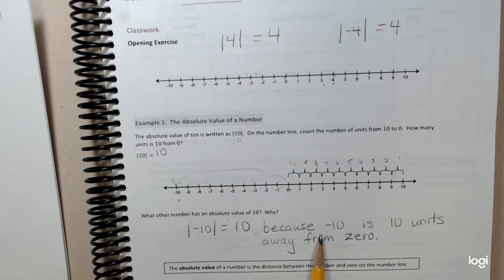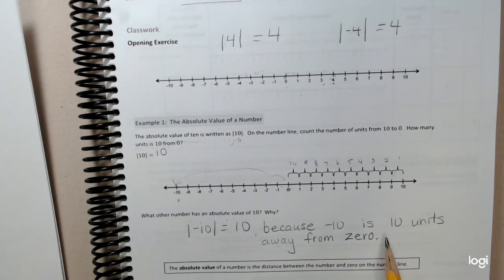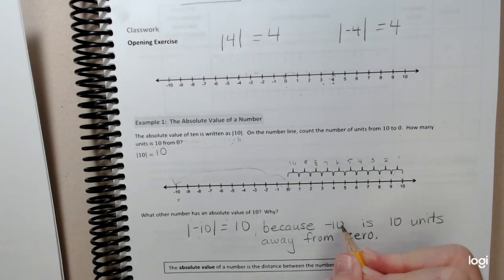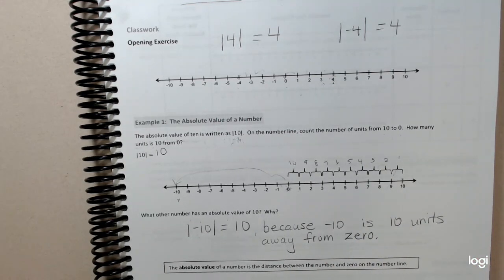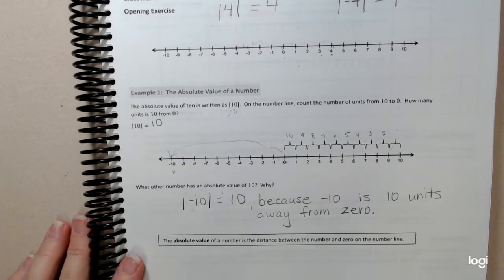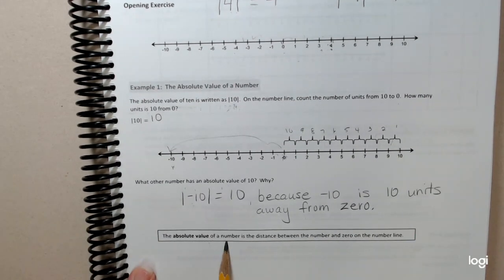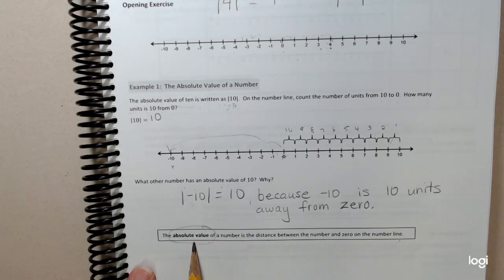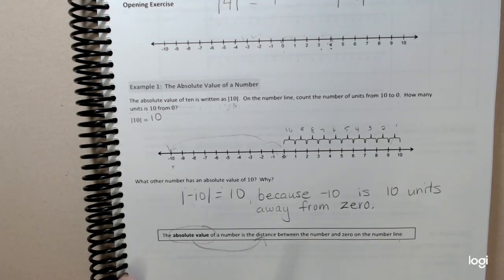How do I know that? Because negative 10 is also 10 units away from 0. We have the definition of absolute value one more time in the bottom box. What is absolute value? The absolute value of a number is the distance between the number and 0. So absolute value is dealing with distance. Okay, when you're ready, go ahead and turn over to the next page.